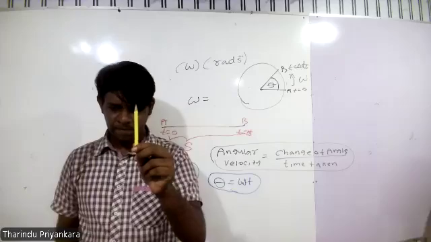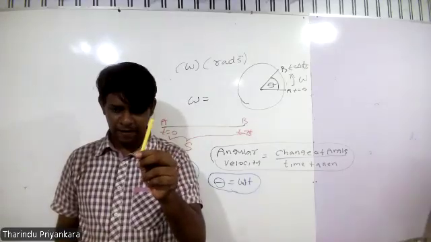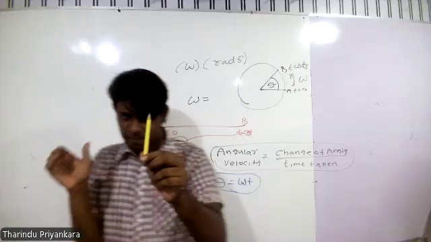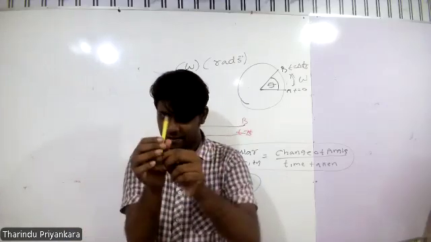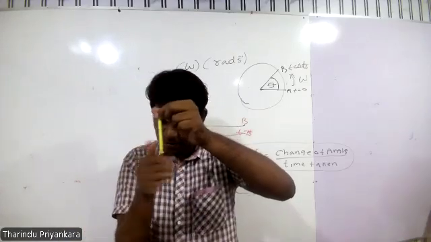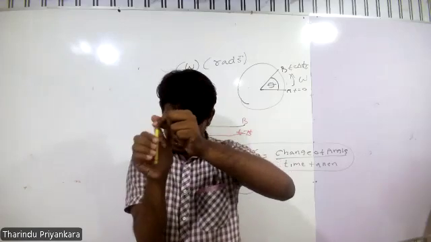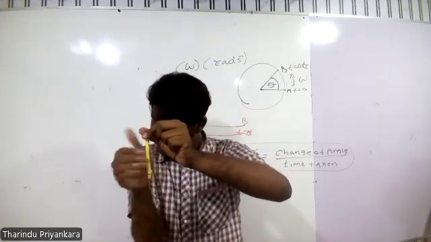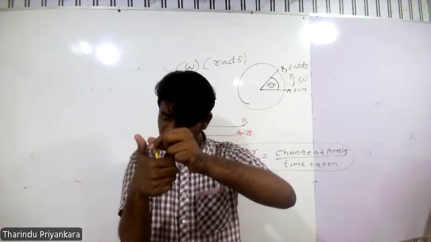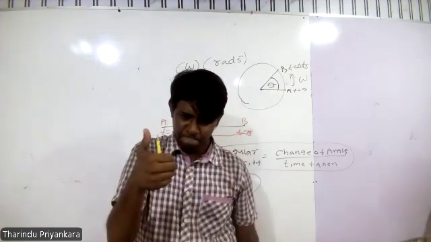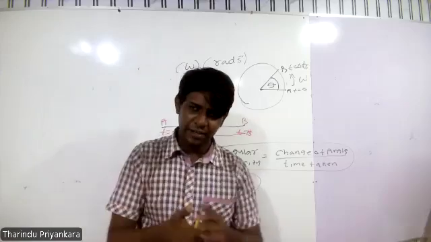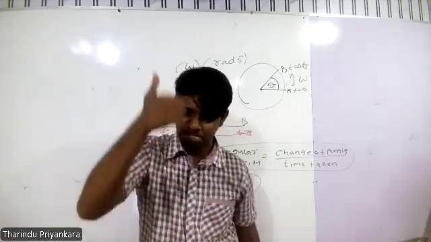Imagine this pencil. This pencil rotates like this. If I hold my other fingers in the direction of rotation, the thumb shows the direction of the angular velocity.